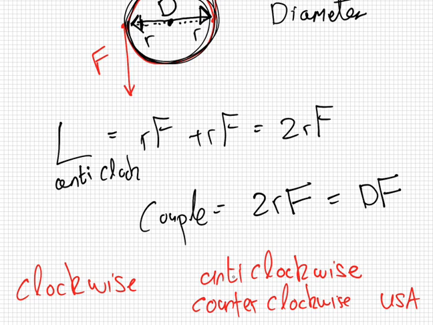I think counterclockwise is a better word for it than anti-clockwise, because my wife's American and she says if you say anti-clockwise, anti makes it sound like you're against clockwise, that you're not in favour of it. Anti is very much you're against something, like anti-smoking.